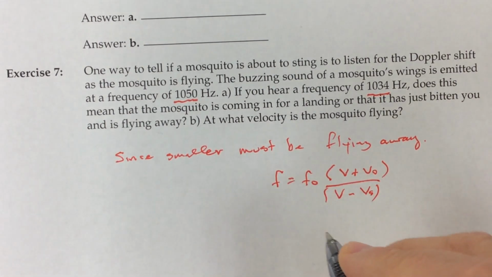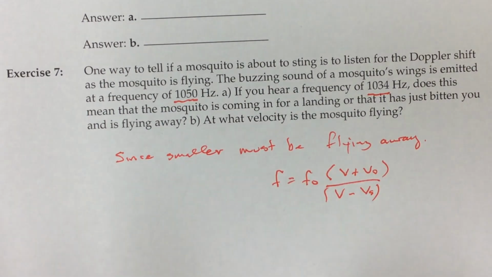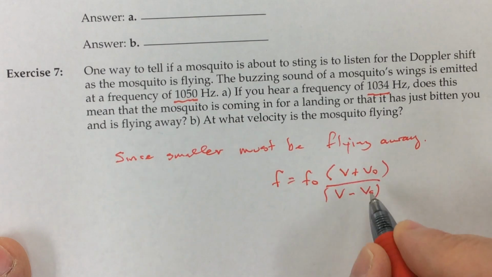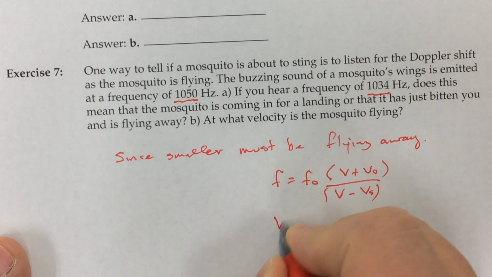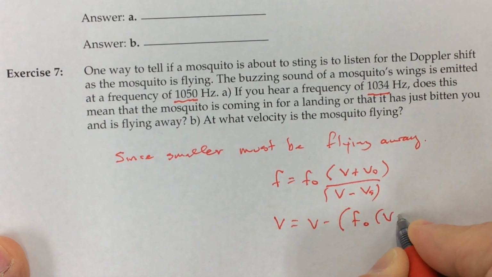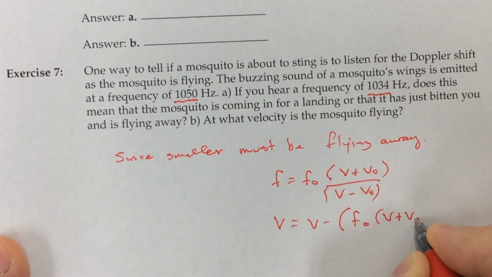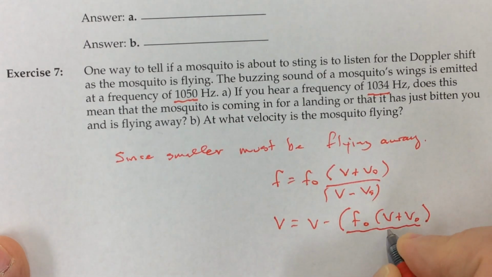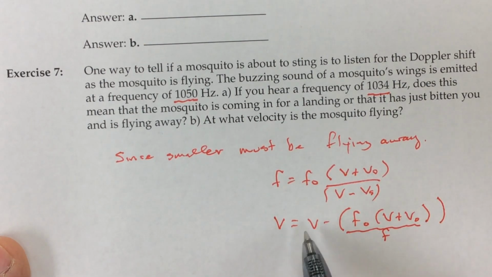So I'm going to have to redo this whole thing. If I'm solving for V sub S, which is the source, how fast is he flying away? You're just going to reconfigure it. All I'm doing is just reversing that. All I did was solve for V sub S.